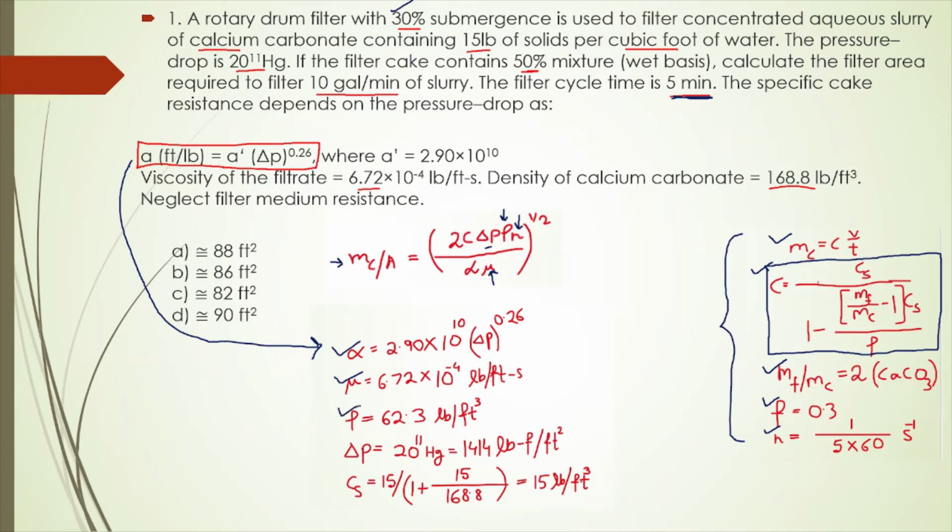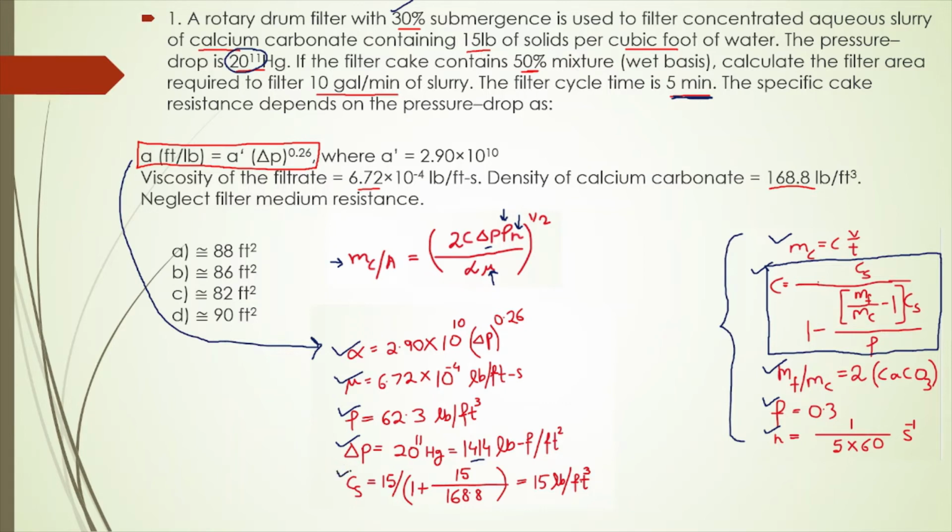Rho we can get the value of rho as 62.3 pound per feet cube. Delta P, which is the pressure drop, is given to us as 20 whole to the power of 11 mercury. So if we convert it into FPS system, we will get 1414 pound force per feet square.